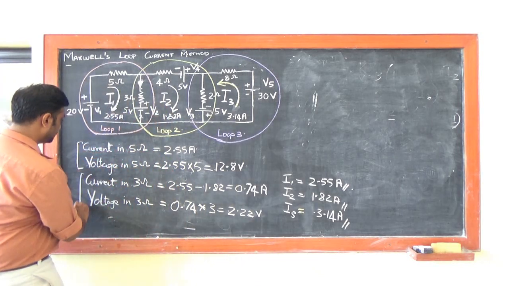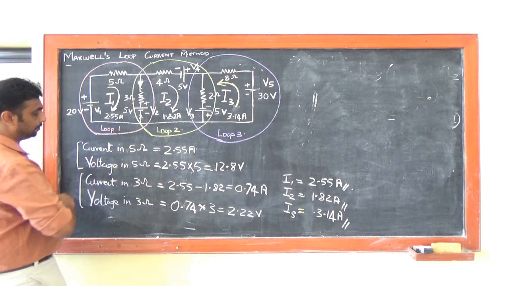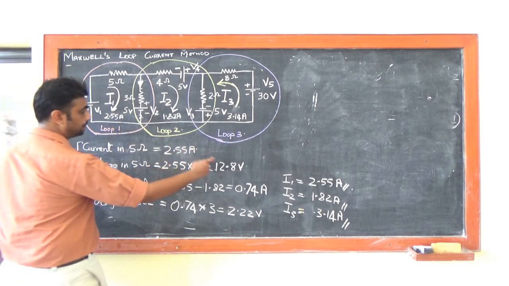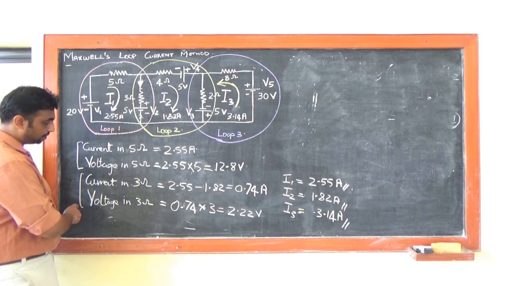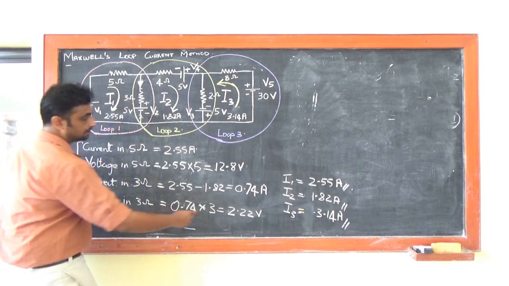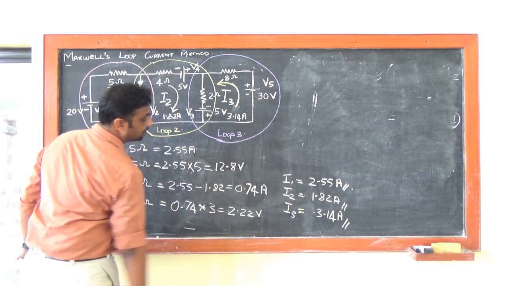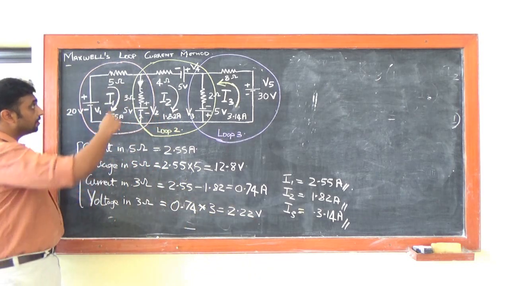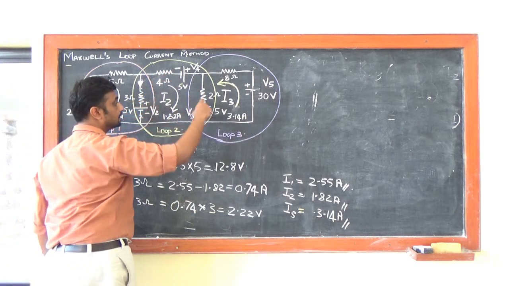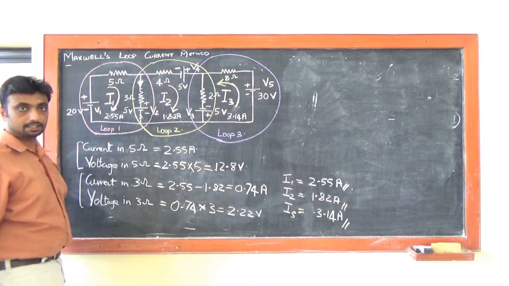So I first found the current and voltage in my 5 ohms resistor, and it becomes so simple. Then I found the current and voltage in my 3 ohms resistor as well. In the same way, we can find the voltage and current through each and every resistor.